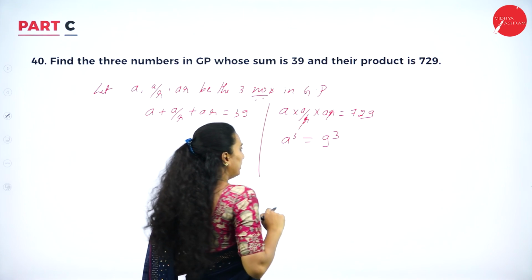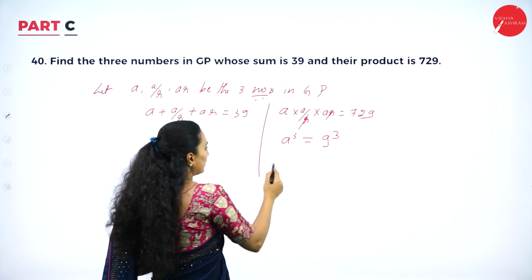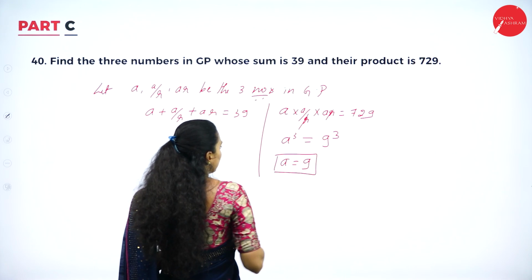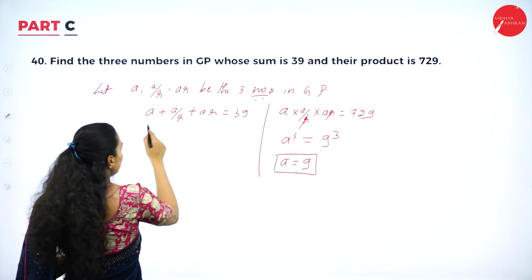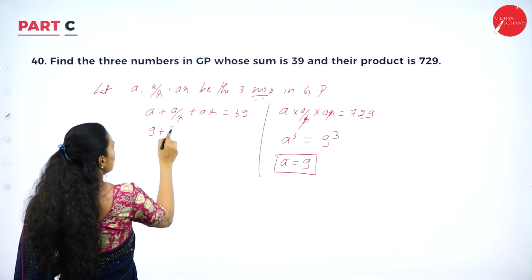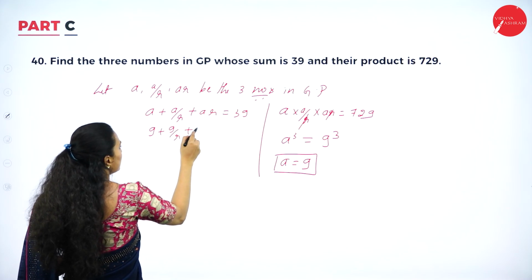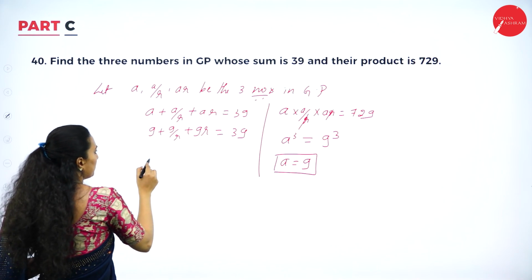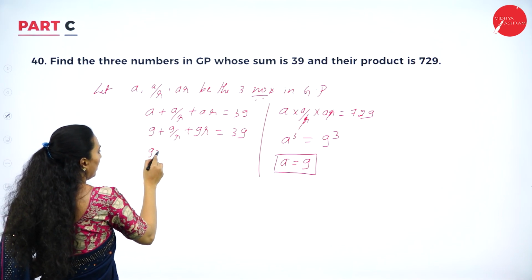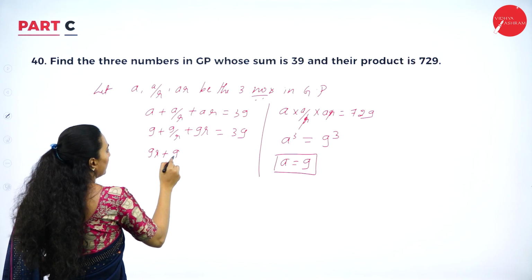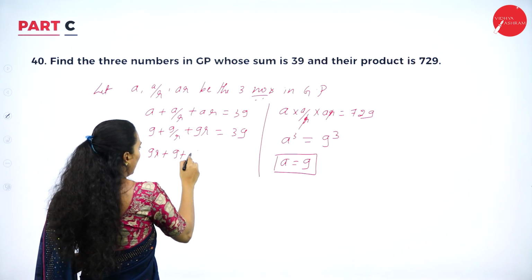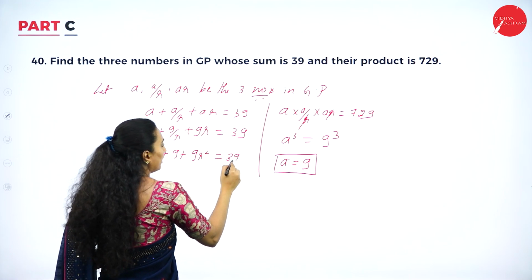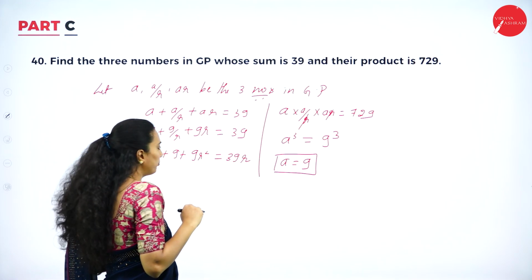If a is equal to 9, substitute here: 9 plus 9 by r plus 9 into r is equal to 39. You can take the LCM as r, which will become 9r plus 9 plus 9r squared is equal to, cross multiply, 39r. This step is very important.